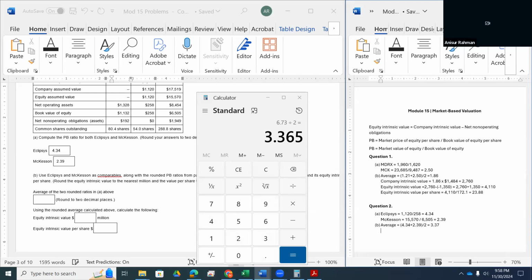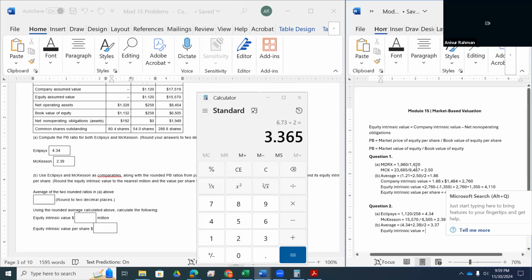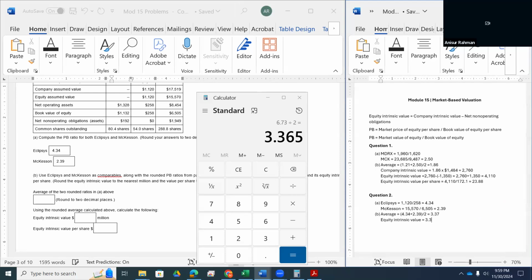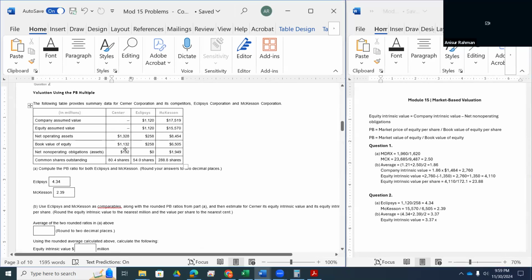And then our equity intrinsic value. So what we have to do, we have to take this average multiplied by our total book value of equity for our company, which is Cerner, this.